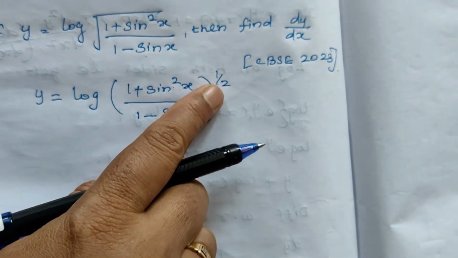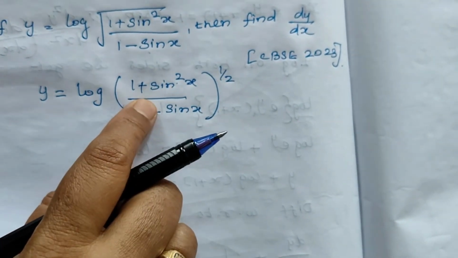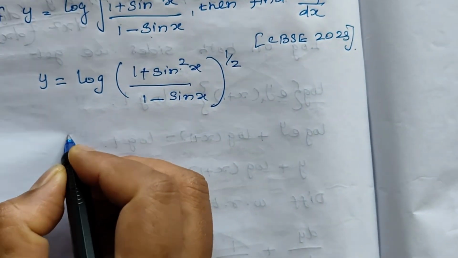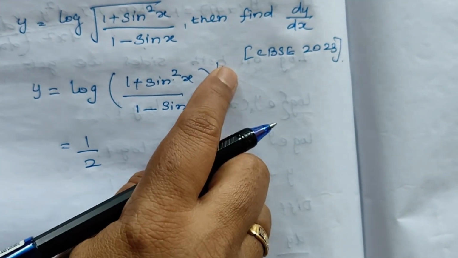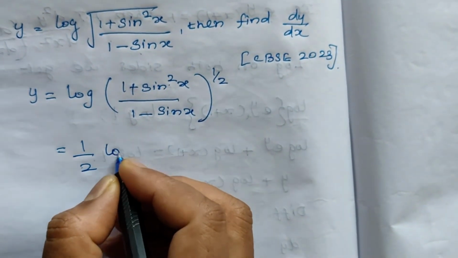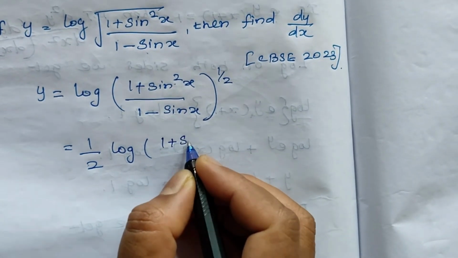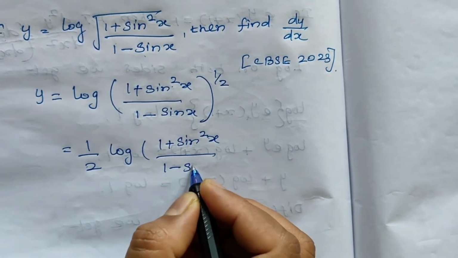First we have to remove this power by using log of m power n equals n log m. So what you have to write? 1 by 2, in the place of power, you have 1 by 2. So 1 by 2 log of 1 plus sin squared x divided by 1 minus sin x.